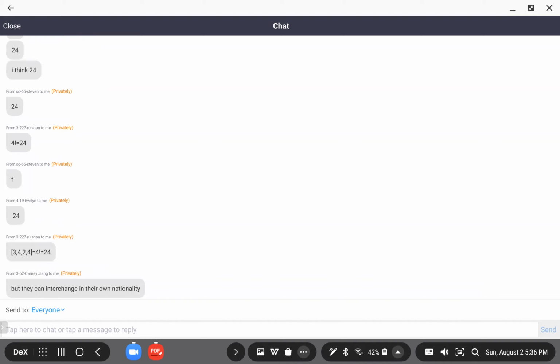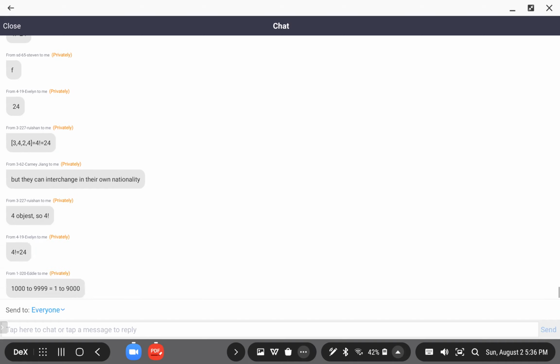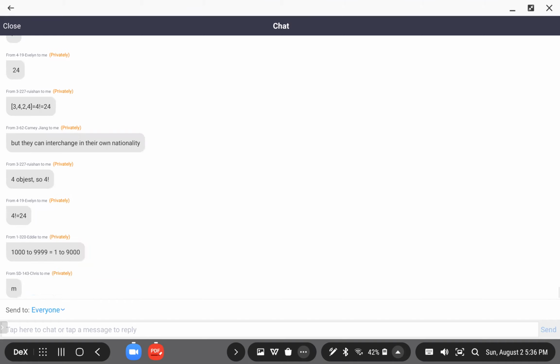Okay, Carney says they can interchange in their own nationality. So still 4 factorial, Carney. Does anyone have a different answer than 4 factorial?